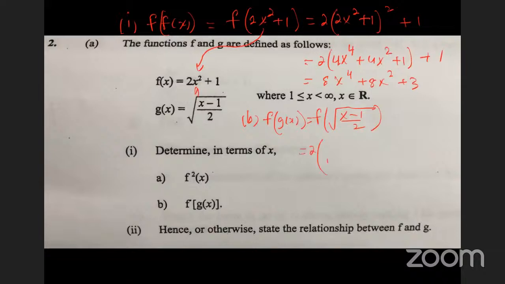So it will be 2 by the square root of x minus 1 on 2 squared plus 1. That's okay? So you're going to square the square roots. That'll cancel off. And then 2 by 2, that'll cancel as well. And you'll get x minus 1 plus 1 is x. What does that mean? It means that g of x must be the inverse.